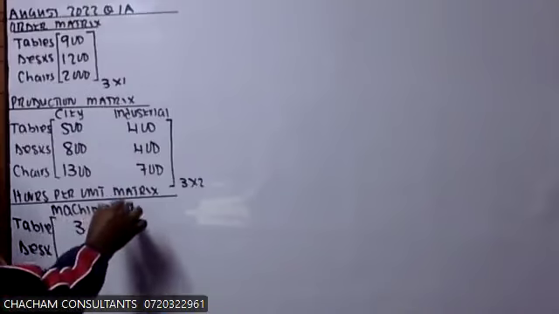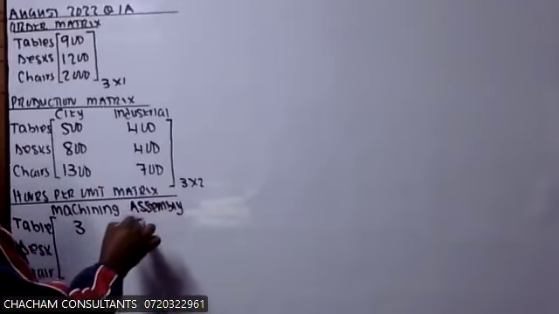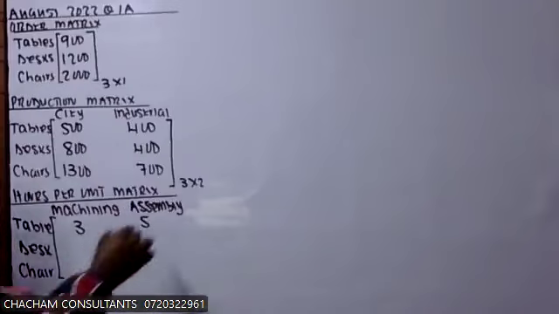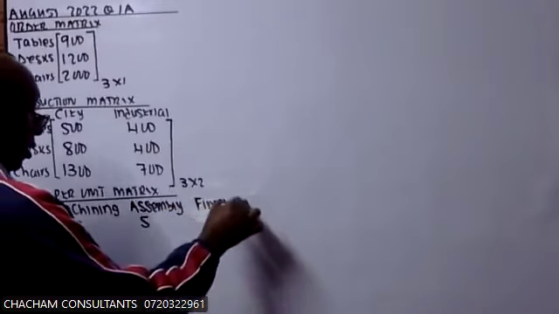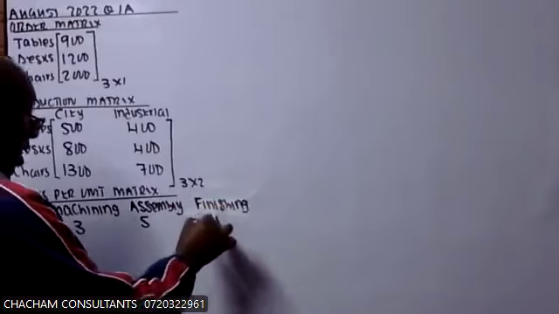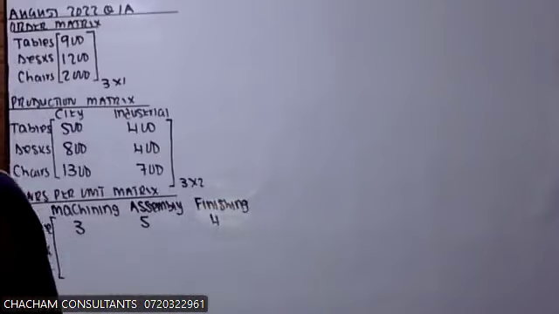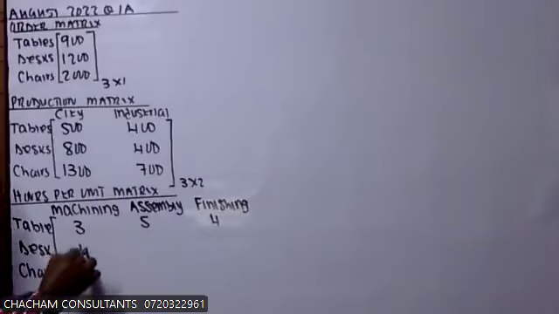Oh, we have another department called assembly. 5 hours. And 4 hours in finishing. So we have another department called finishing. 4 hours. Production of a desk requires 4 hours in machining.